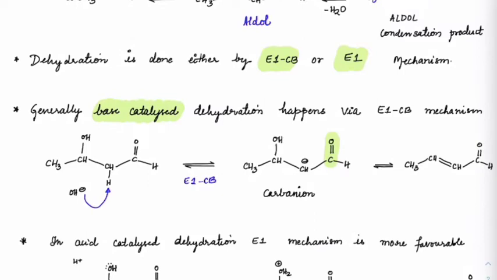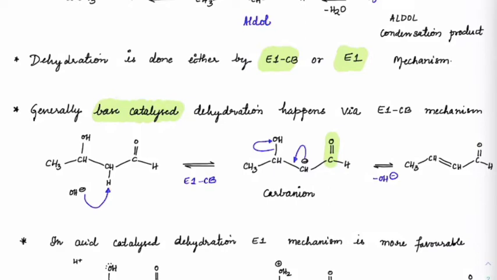Once the carbanion is formed, it will force the OH minus to come out so that it can form a stable alkene which can undergo resonance with C double bond O. And that's how OH minus will come out of it. This is E1CB mechanism, which means when it comes to base catalyzed dehydration, always E1CB mechanism is preferred.